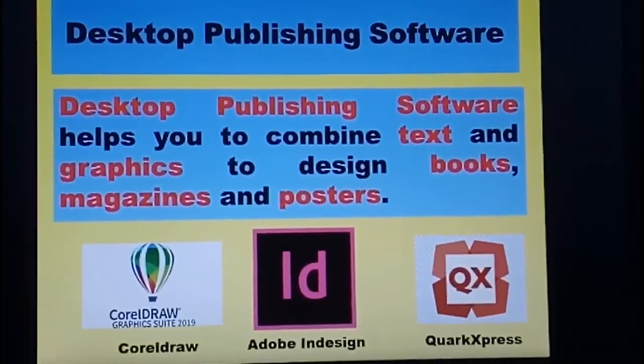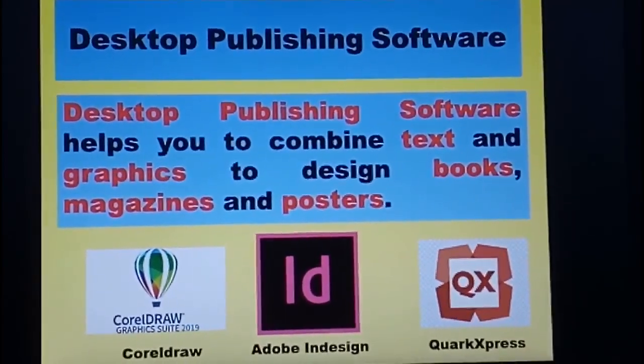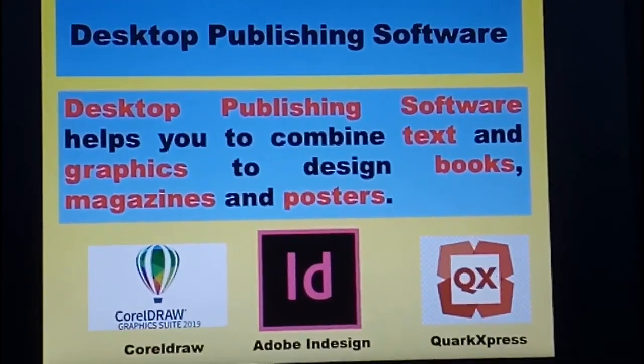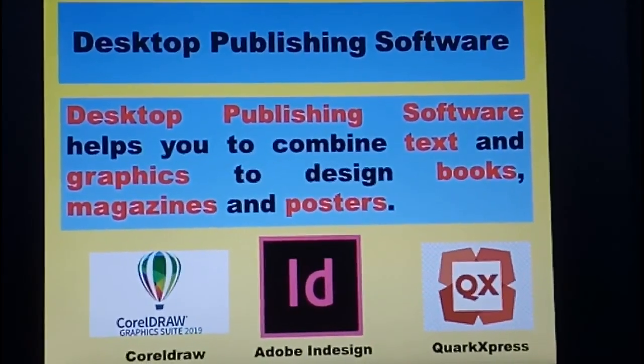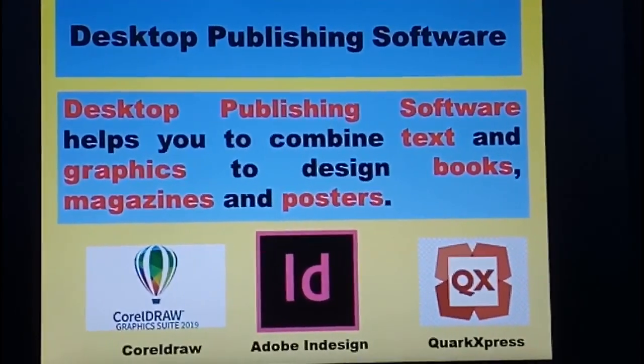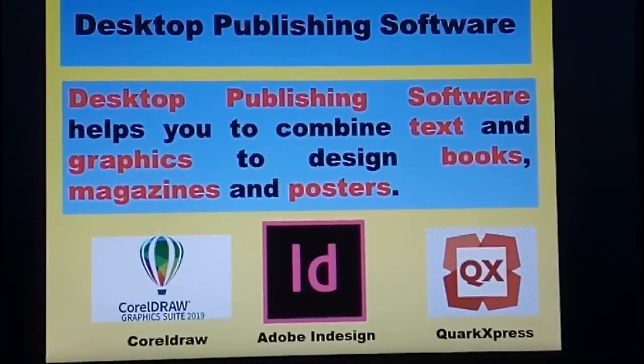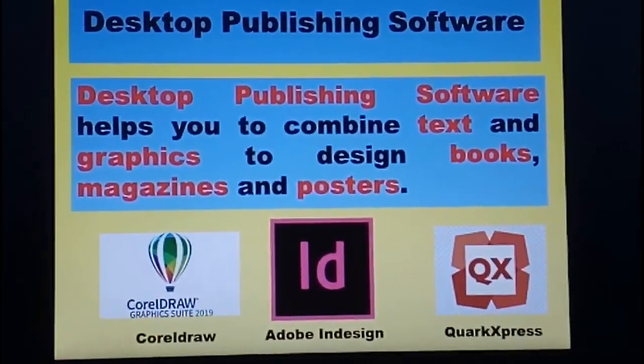It's a word processing software. Okay, so more advanced than a word processing software is a desktop publishing software. This has much more features for handling pictures and text. Examples of desktop publishing software: CorelDRAW, Adobe InDesign, and Quark Express.